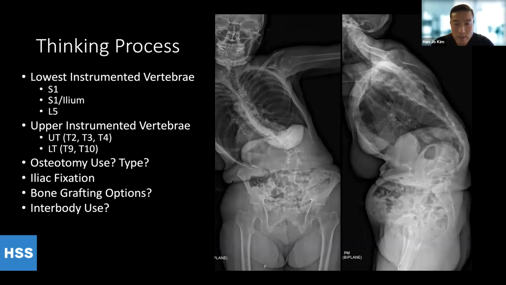Yeah, that's a great point. So, I think the plan for this case was to do a 3-column osteotomy, but intraoperatively, when we started doing the facetectomies, when we started doing the posterior column SPOs, I noticed that the flexibility was improving. And you could see that just by grabbing one of the tulips of the pedicle screws after everything's fixed and you start your SPOs.